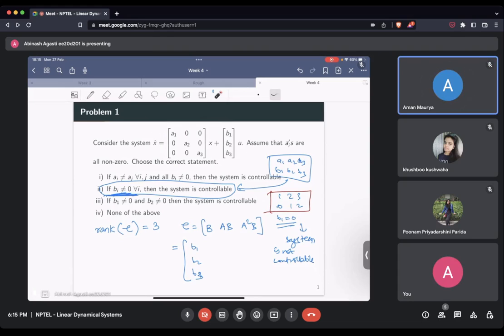Yes, sir. Okay, so let us now find out the controllability matrix for this given system in its general form with A's and B's.